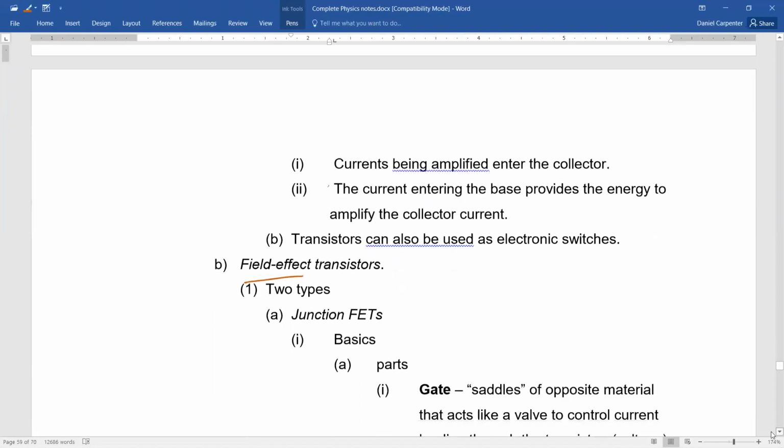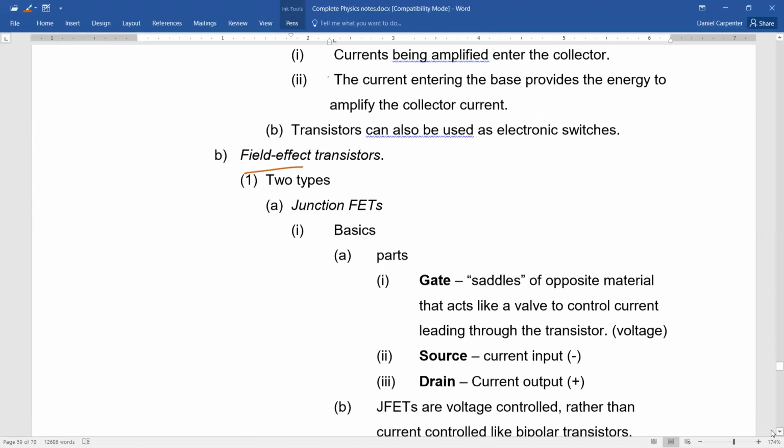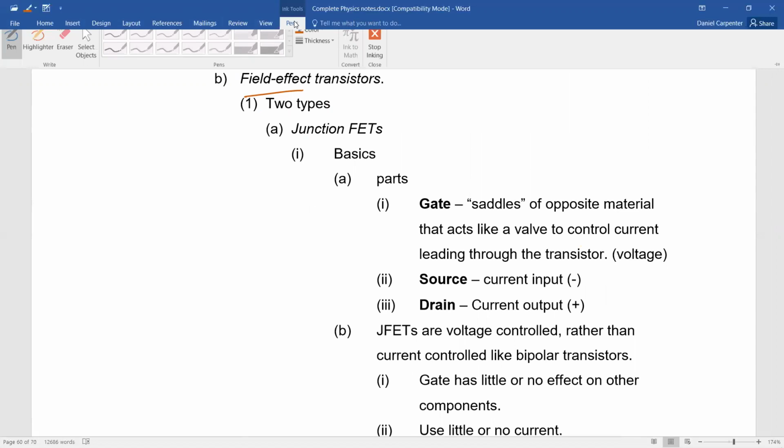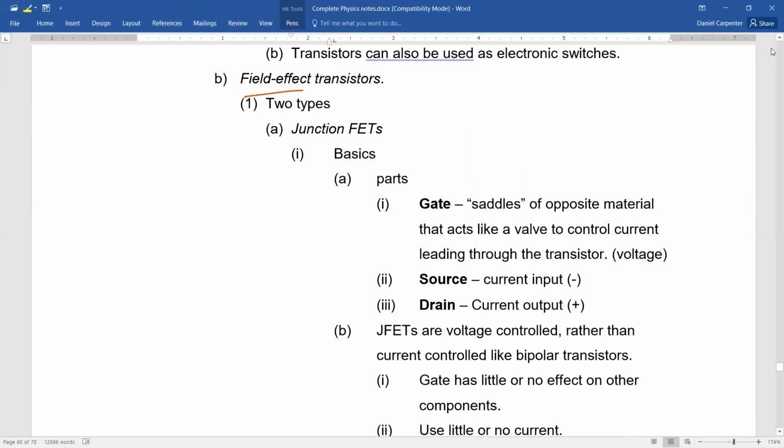So these field effect transistors end up being a little more efficient. Now, there are two types of field effects. So, depending on how you want to identify this, you can actually come up with 4 terms.